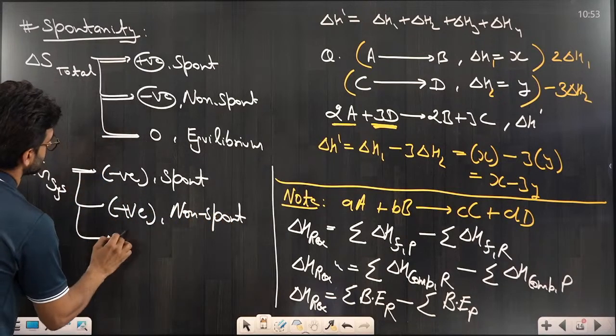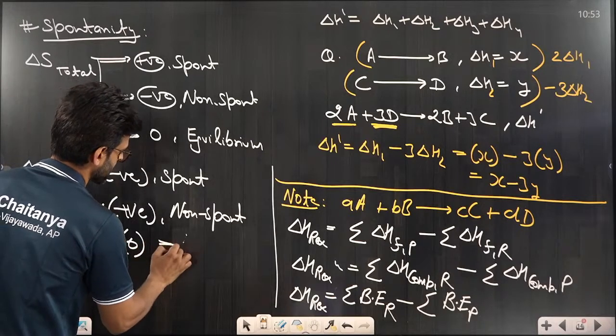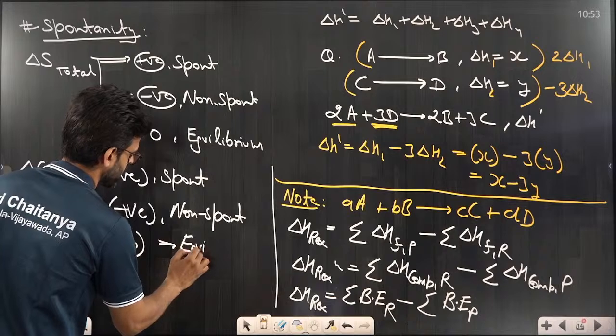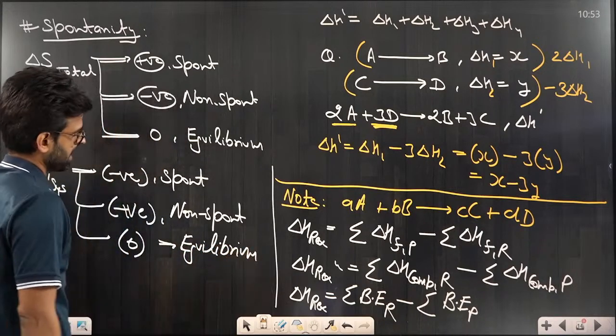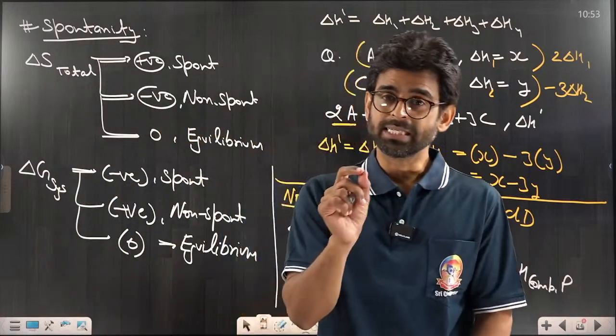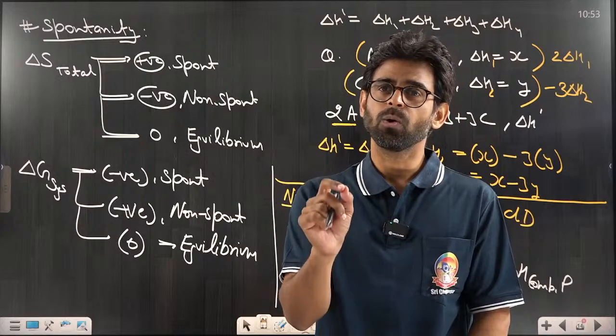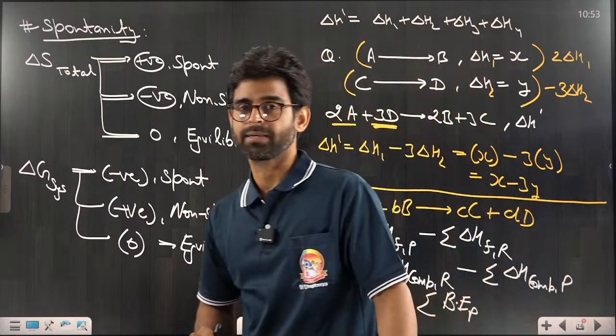And if delta G system is 0, you can say equilibrium, right? Fine, clear? So delta G system or delta S total can find spontaneity.